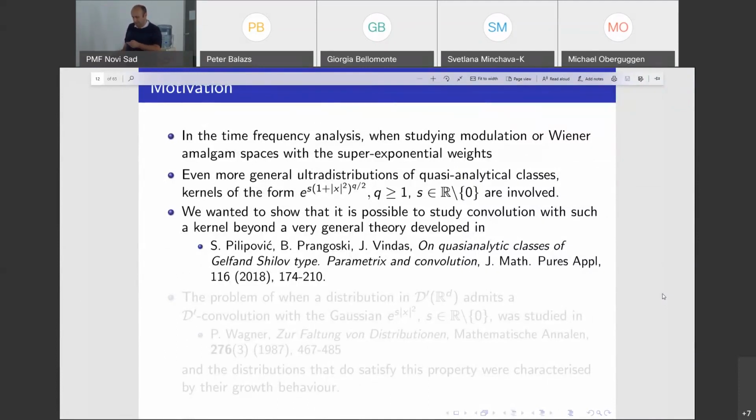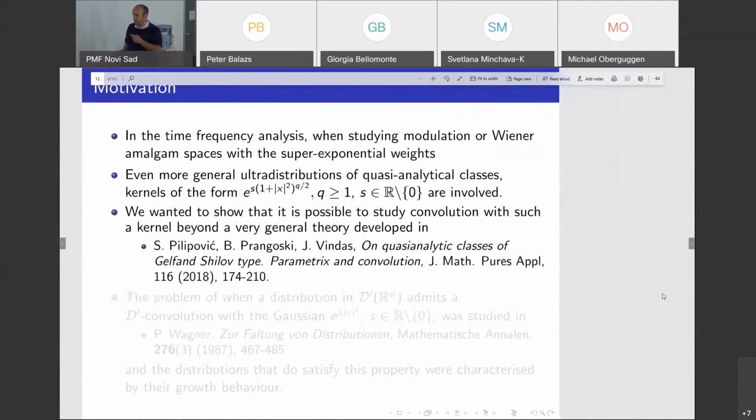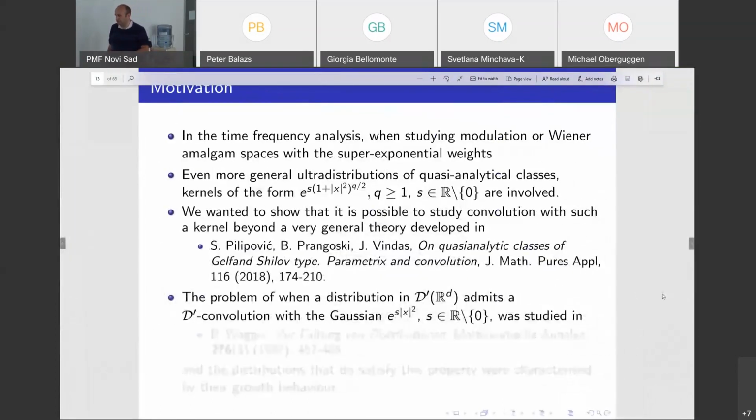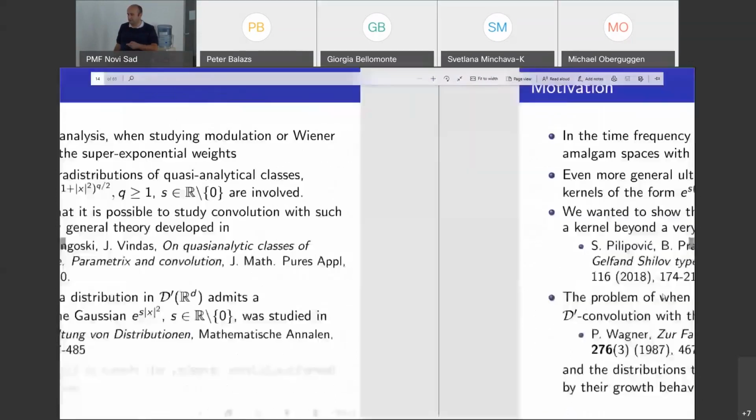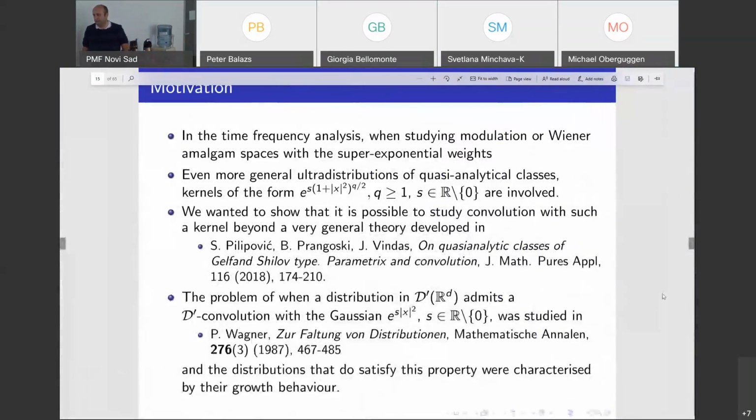However, let me give you some historical remarks. The problem of how we can convolve a distribution with the Gaussian was studied by Wagner, and the condition is given via the growth behavior of those distributions.